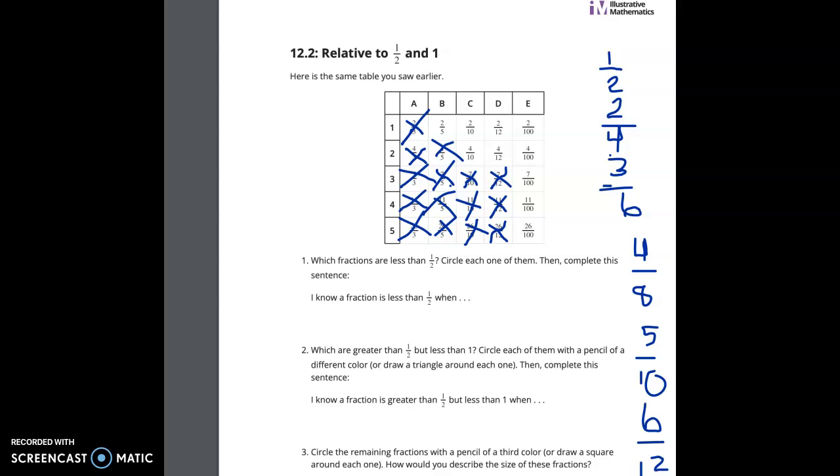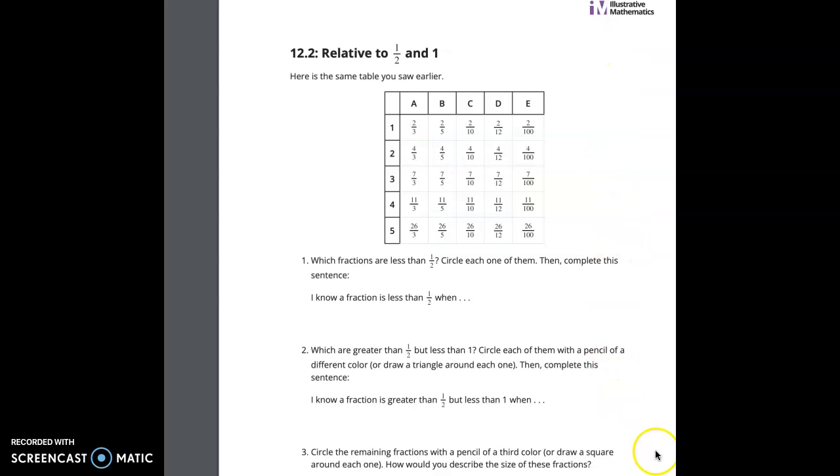Okay, which are greater than 1/2 but less than 1? We kind of talked about that as we were going through those steps. Like for example, 7/10, we knew 5/10 was 1/2. So 7/10 would definitely be more than 1/2.